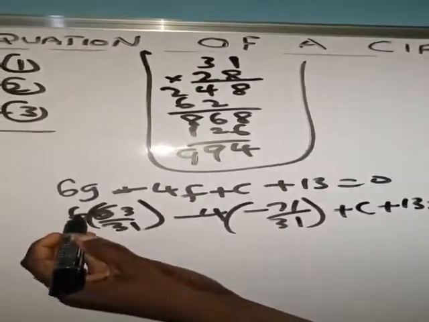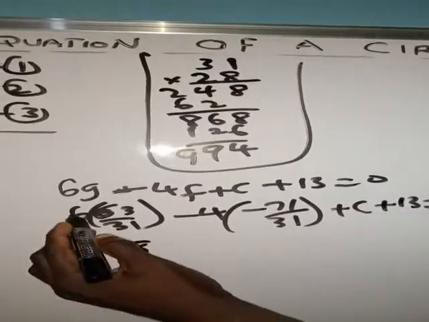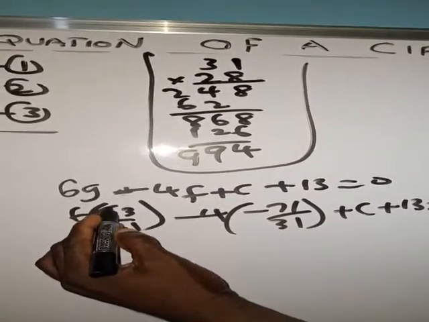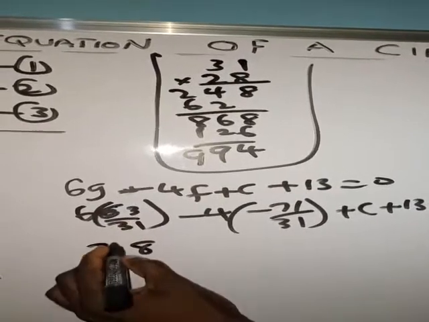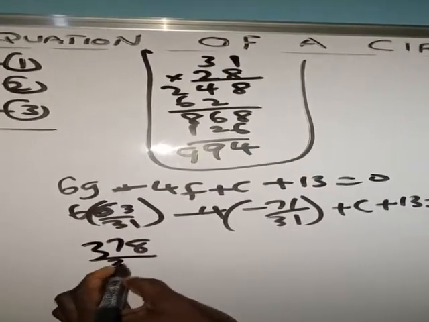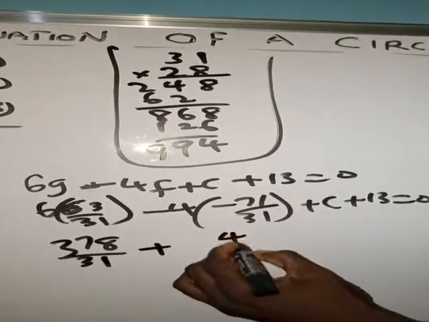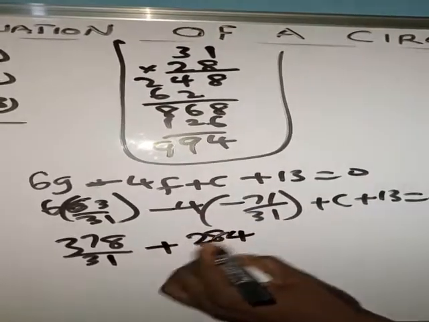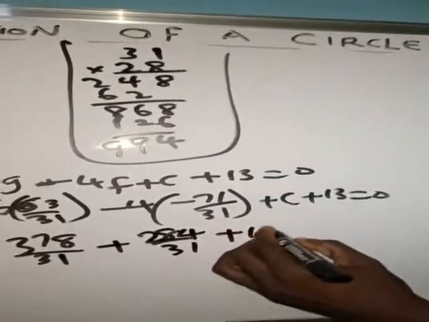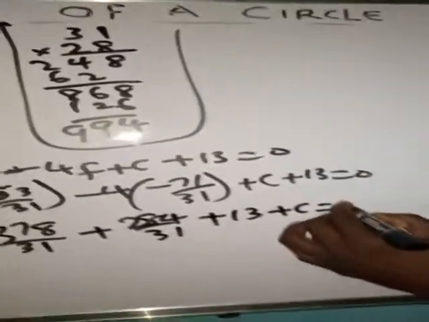From here, 6 times 3, 18, carry 1. 6 times 6, 36 plus 1, 37, so 378 over 31. Minus times minus is plus. 4 times 1 is 4, 4 times 7 is 28, so 284 over 31, plus 13 plus c is equal to 0.